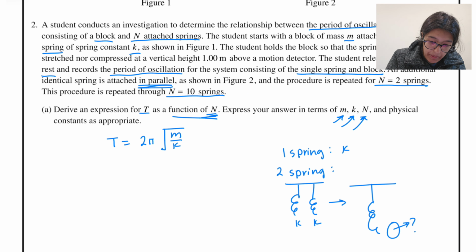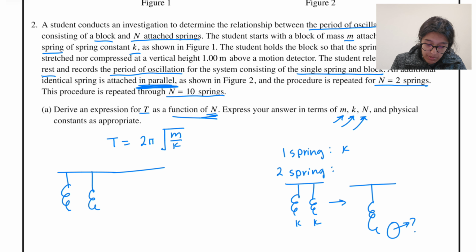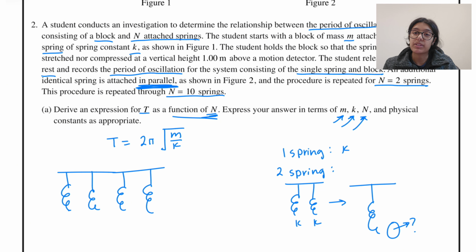In order to do that, we need to figure out one really important thing in the question, and that says parallel. So whenever we're talking about parallel, that means that all these springs are going to be in parallel. So in this case, it's a horizontal line. And whenever we have springs in parallel, let's say we have k, k, k, k, which is a spring constant, the spring constant as a whole of the scenario is just going to be 4k in this case. You're just going to add those spring constants.